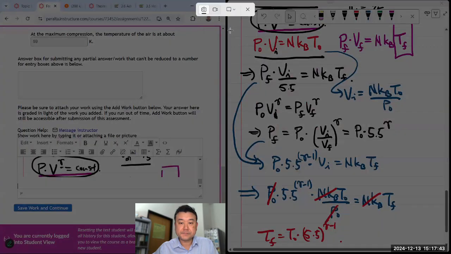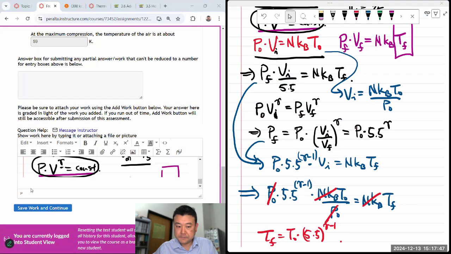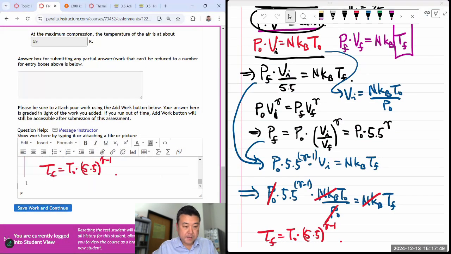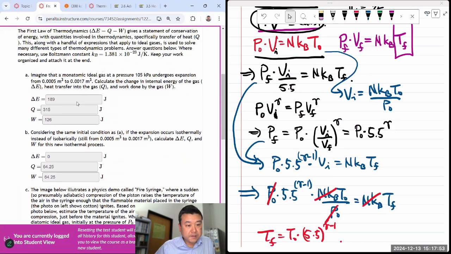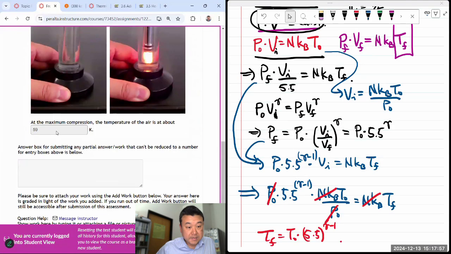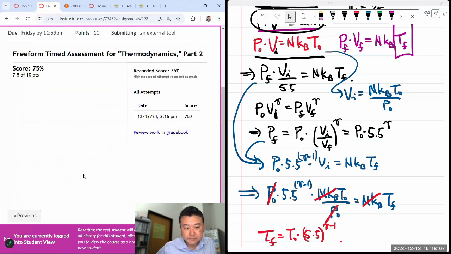All right. Let's paste this in, and then I'll save work and continue. So I should have gotten, it's got 1, 2, 3, 4, 5, 6, 7, 8 parts, of which I got 6 right. So, is that 3/4? 75%?